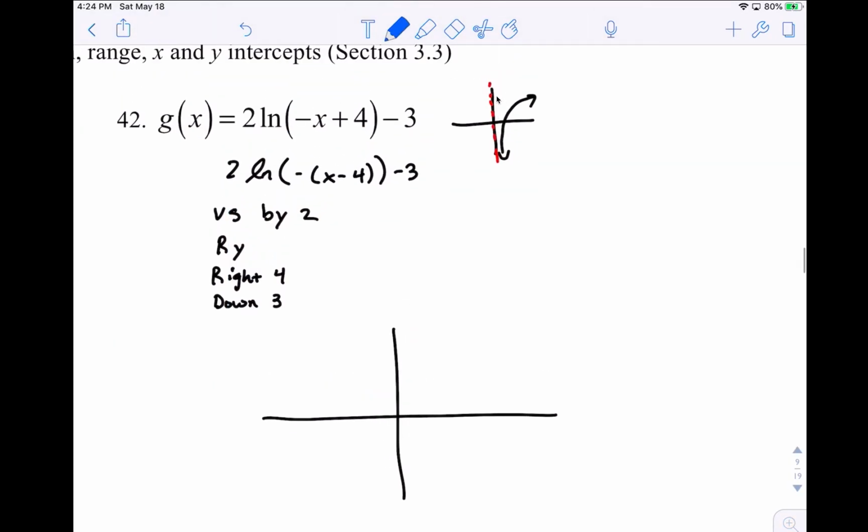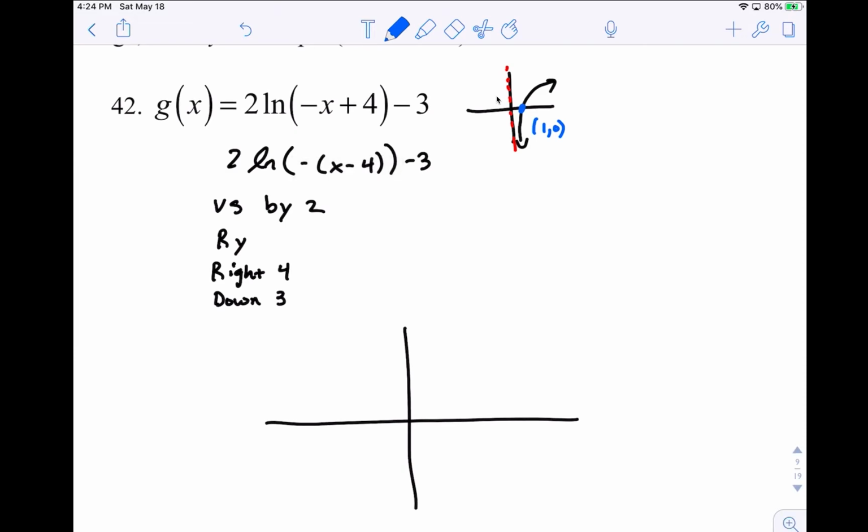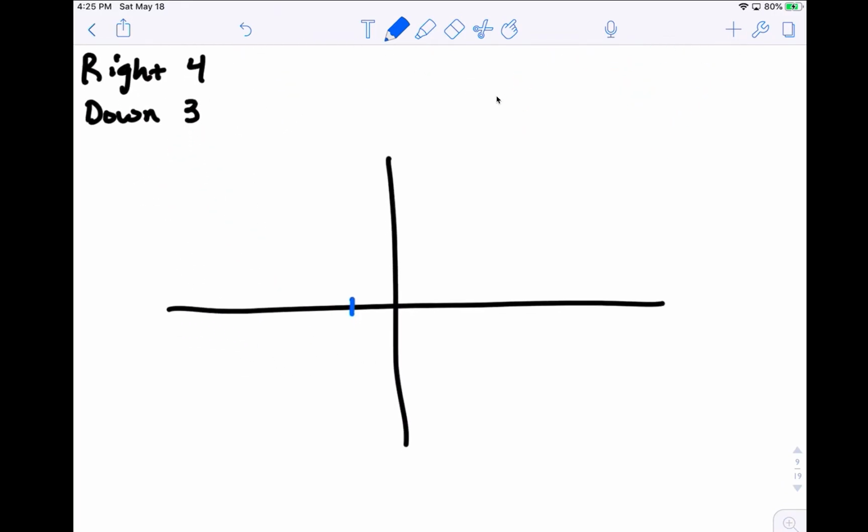Now the point that I always go through for a natural log function is 1, 0. Now if I flip it over the y, that means it's going to go through negative 1, 0. So that's kind of my starting point, is negative 1, 0. And then I'm going to take that point and move it right 4 and then down 3.